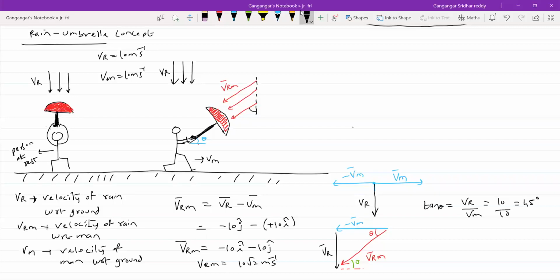You can ask a question: sir, are you sure that raindrops falling vertically down will wet him? No, they'll not wet him. Sir, if he holds the umbrella, what happened to the person? He will hold the umbrella vertically because the rain is falling vertically, though he is moving. Tell me what is the problem now?